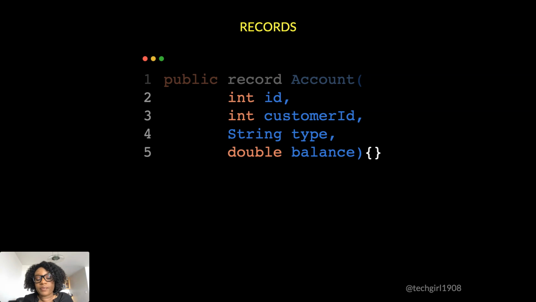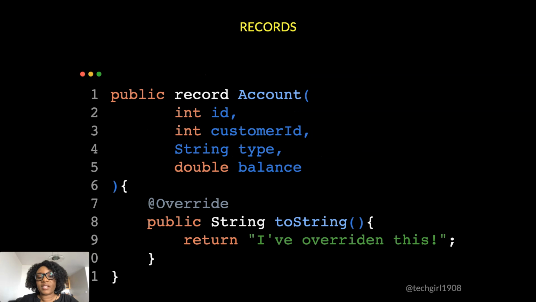And that's it. You don't need to make any getters and setters. You don't need to override the inherited methods of equals and hashCode or toString. Nope. All of this is just done for you, and it's done quite nicely.